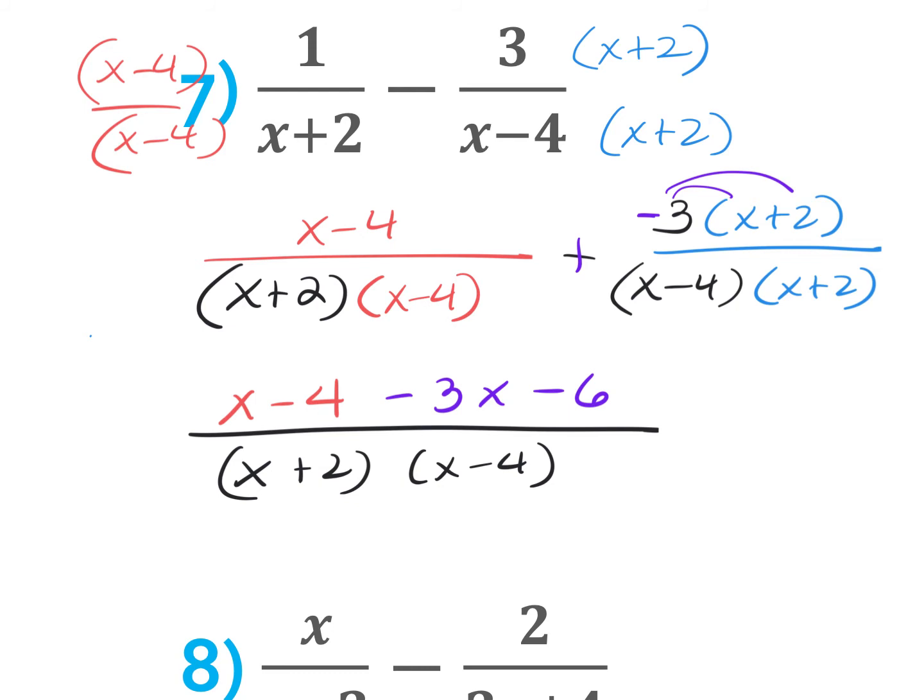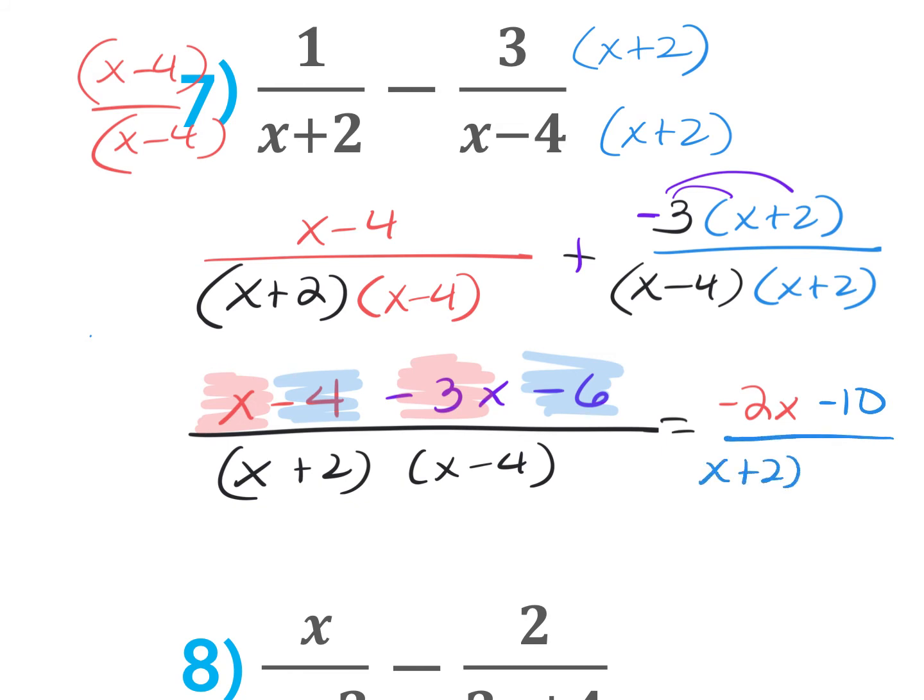So I have an x, a 1x, minus 3x, and I get negative 2x. And then I can add my constants. Negative 4 minus 6, and that gives me negative 10. And it's over x plus 2 times x minus 4.